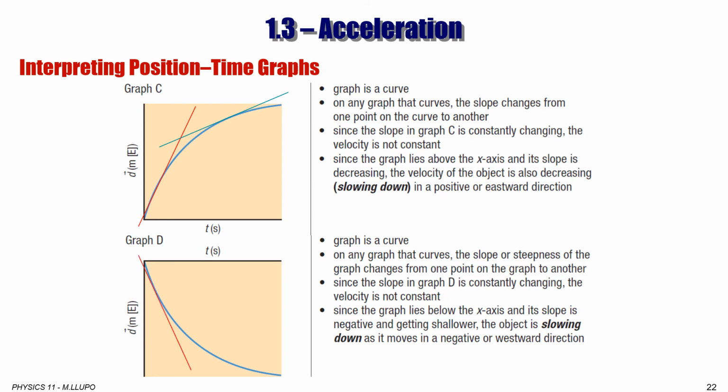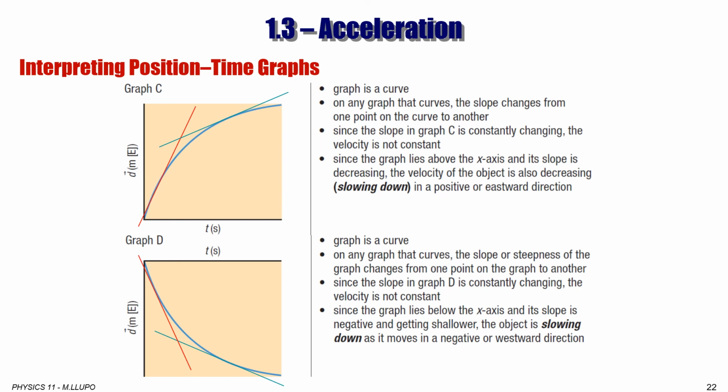And the other one actually has negative velocity because it's going down, but it's getting less steep, still negative, but less. So since the velocity is negative, the acceleration has to be in the opposite direction, which is positive. So that's about it.